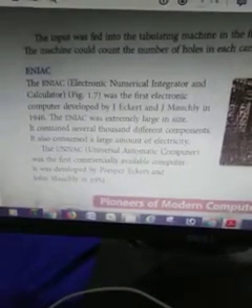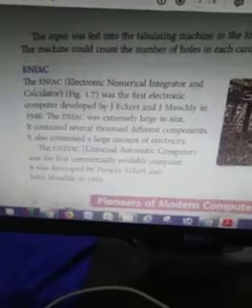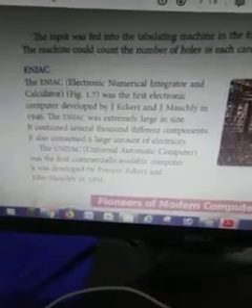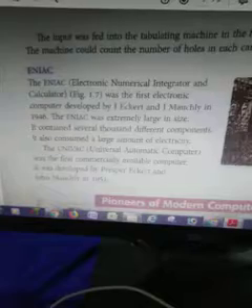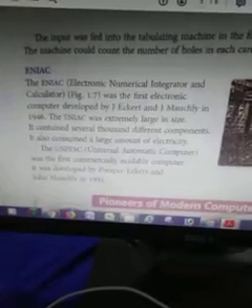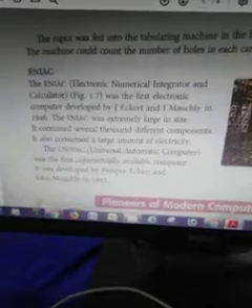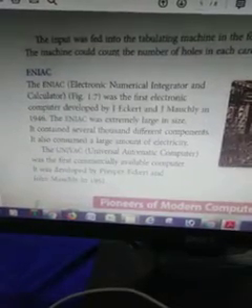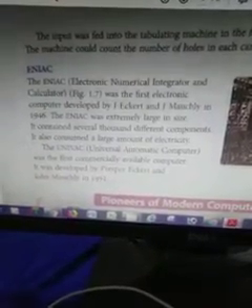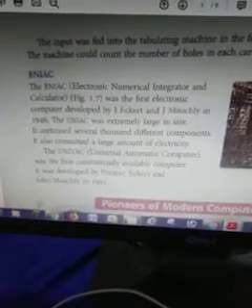The basic electronic device used in this computer was the vacuum tube. These tubes create a lot of heat. That's why this computer was able to work for only half an hour. It takes 2 hours to start.